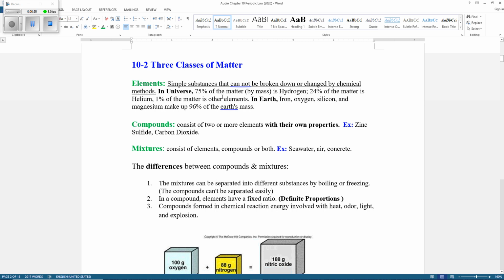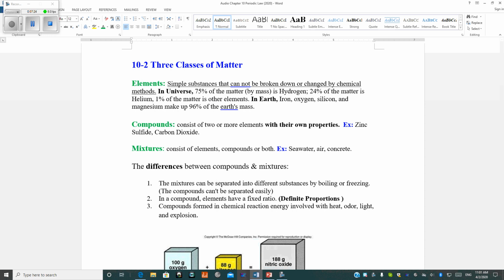This is very important to remember: 75% hydrogen and 24% helium. Now on Earth, we have mostly 4 elements: iron, oxygen, silicon, and magnesium. These four make up 96% of Earth.